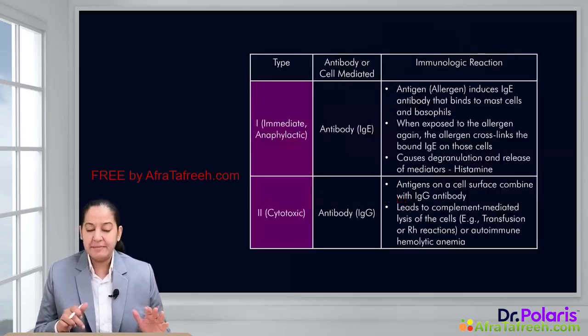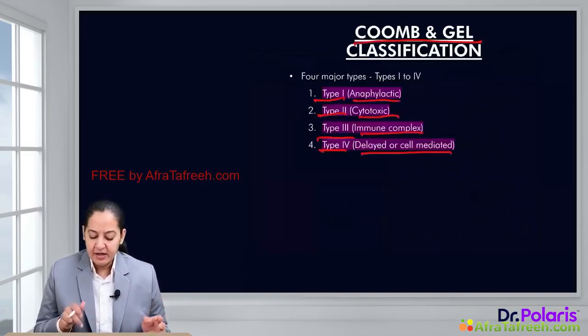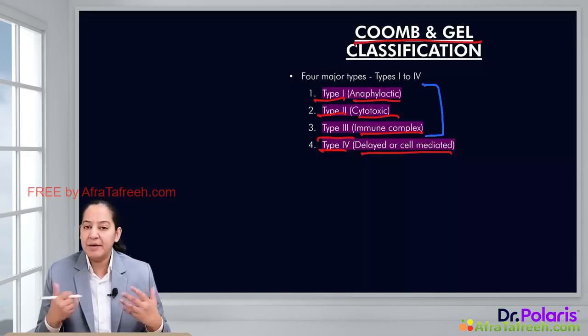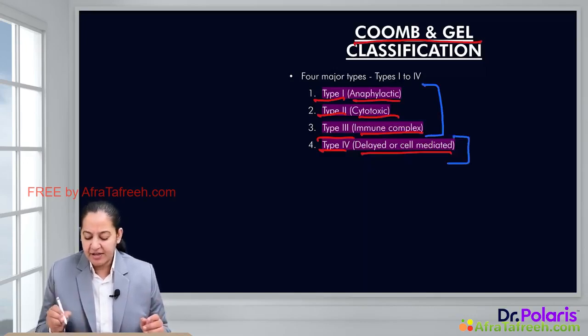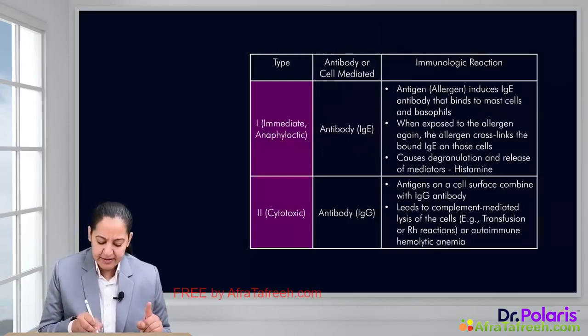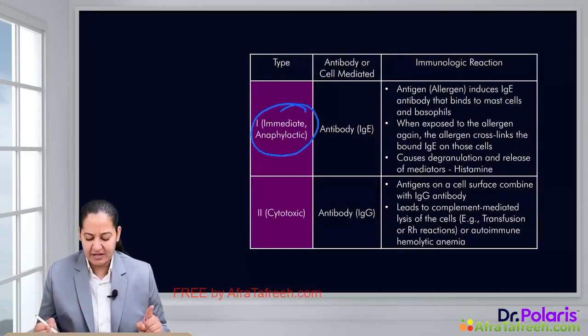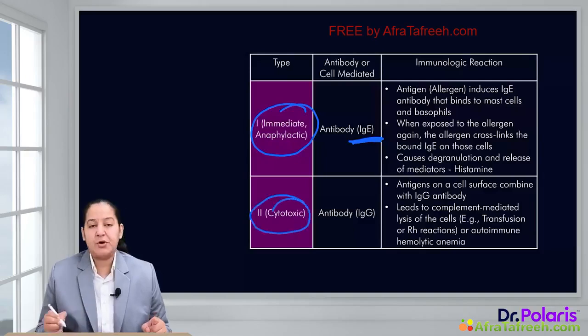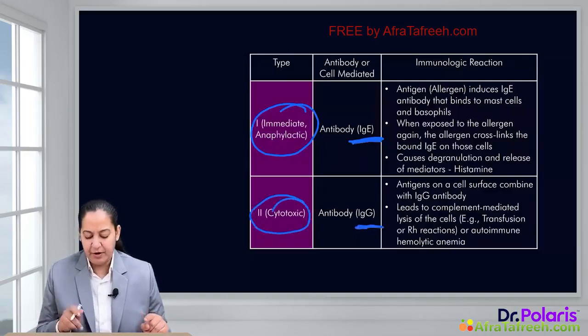Out of the four types, the first three types are immediate and the last one is delayed. So these three types fall under the category of immediate hypersensitivity and the last one is the delayed one. You can see Type 1 is known as immediate anaphylactic and it is IgE antibody mediated. Type 2 is cytotoxic, it is IgG antibody mediated.